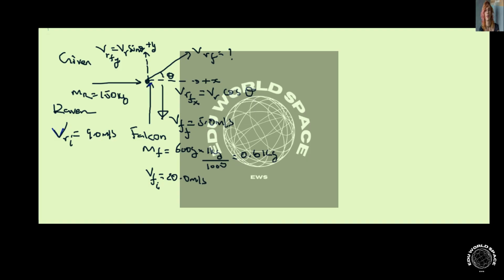So these are the paths of motion. We have a raven and the falcon flying towards each other. They collide, and the raven has to fly off at a specific angle, which we call theta. So that's what we're given.